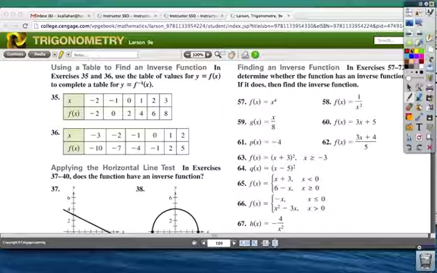We know that parabola would be shifted 3 to the left because that's what a +3 inside would do, and it would look like this. But they said only x greater than or equal to -3, so we're really only taking that side of the parabola. So that will be one-to-one, just so you know. Because of that domain statement, it will have an inverse.